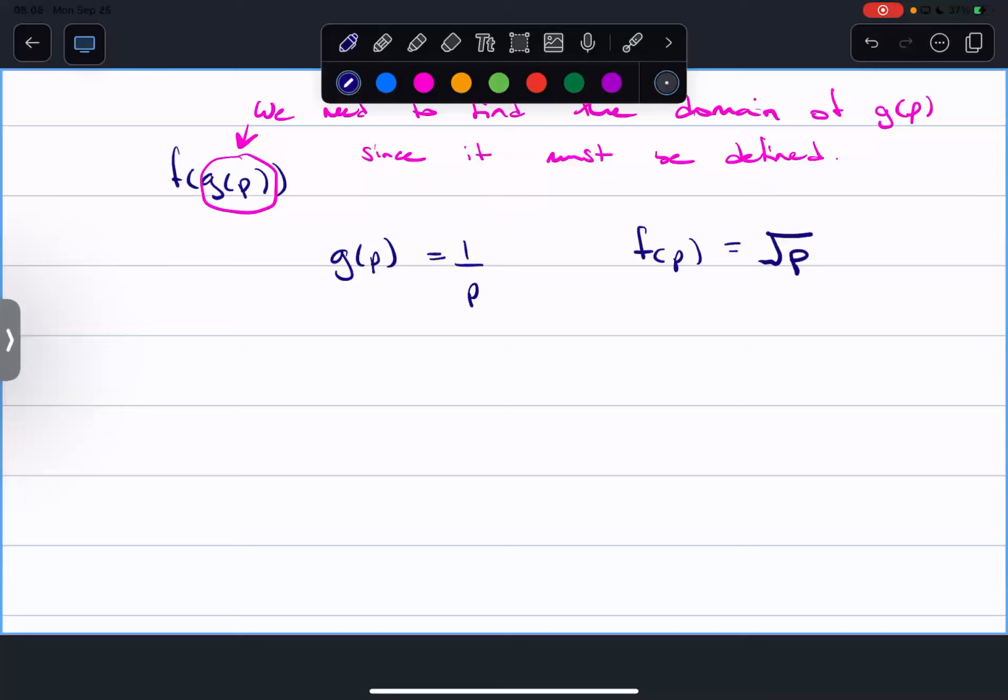As a general recap, what were the two rules that we're going to have a stronghold on? I can't divide by 0. Any value that makes me divide by 0 has to be removed from the domain. So here, number 1, can't divide by 0. Therefore, p cannot be 0.